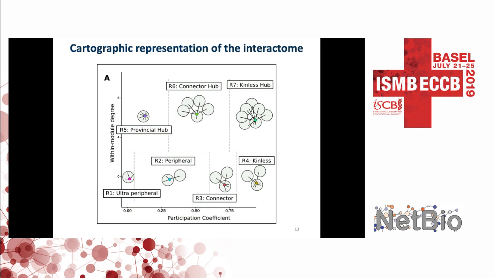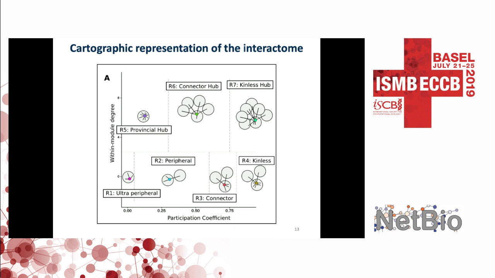In this case, the nodes that have a within module degree larger than 2.5 are considered hubs, and the other nodes below this value of within module degree are non-hubs. And then the roles are defined according to the value of the participation coefficient.